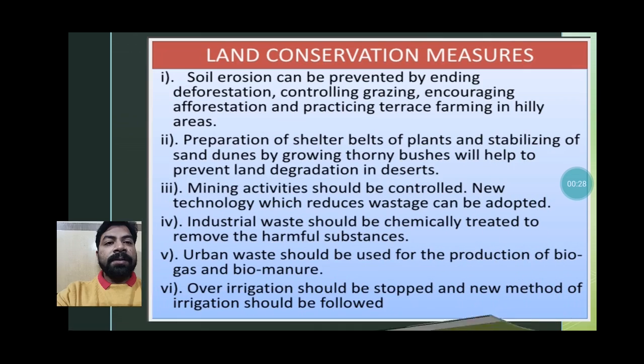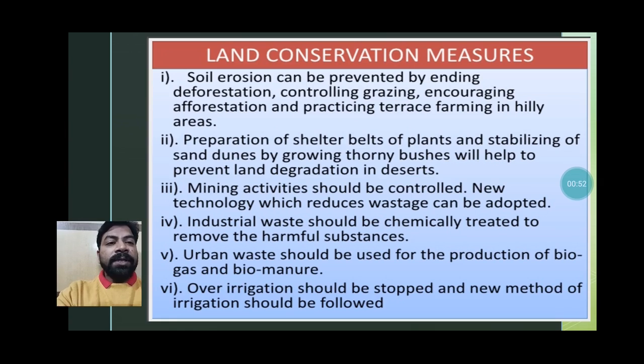So let's start. When we talk about land conservation measures, the first thing that comes to mind is soil erosion. To stop soil from eroding, we must end deforestation. We all know that deforestation leads to soil erosion.